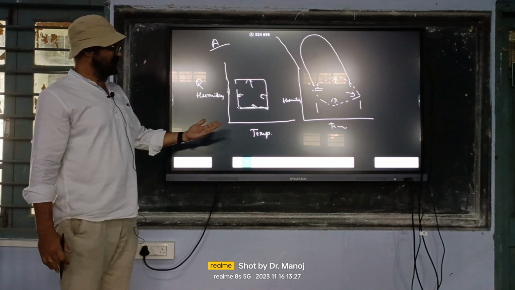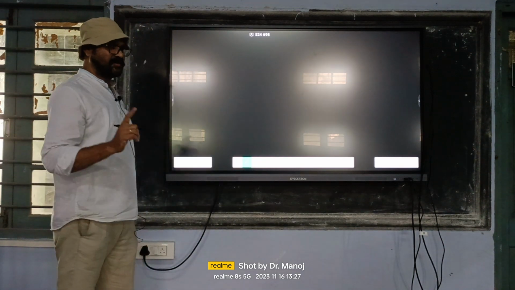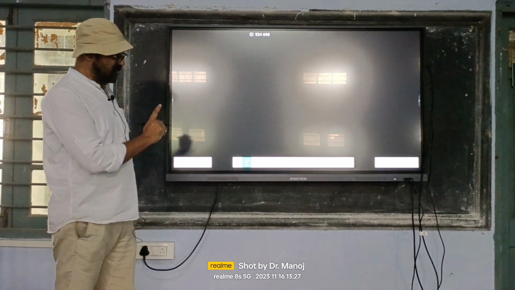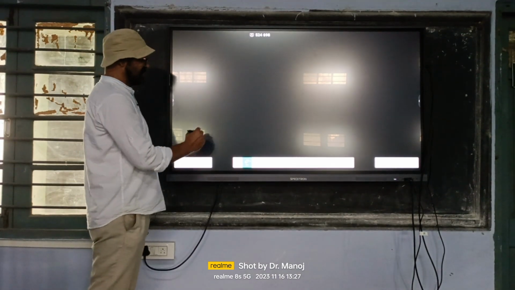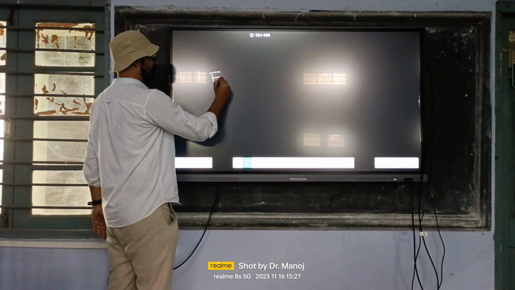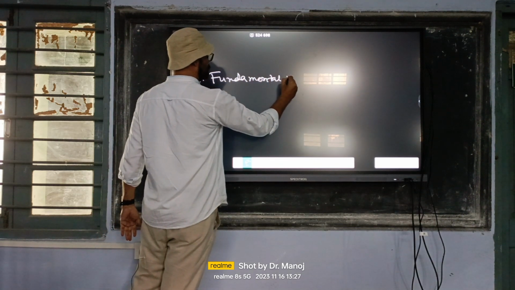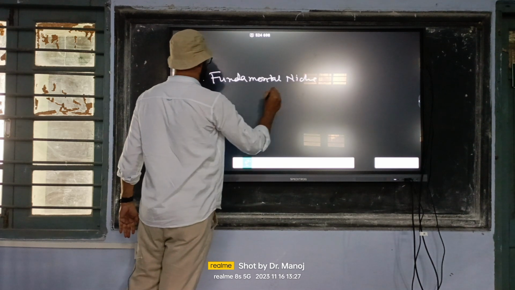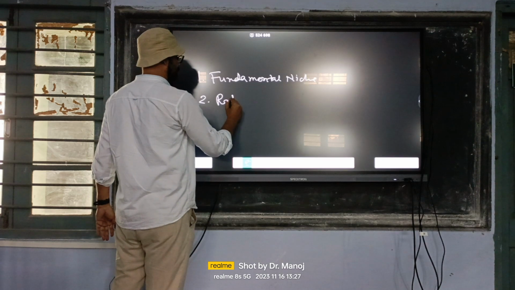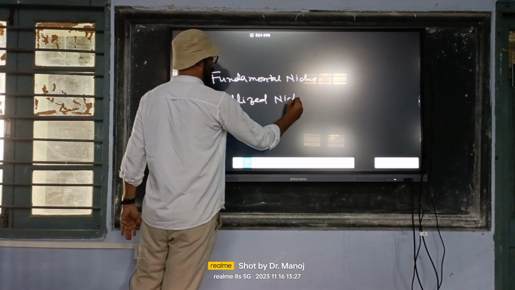But according to Hutchinson, there are 2 types of this multidimensional niche or hypervolume niche. One is called the fundamental niche, and the other is the realized niche.